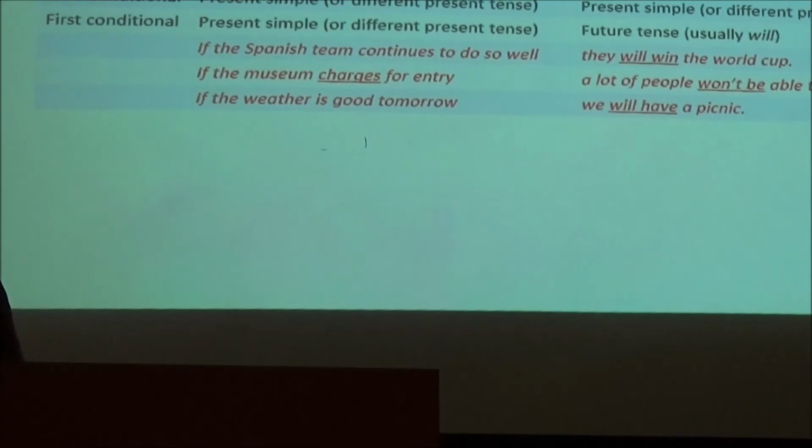If you want to know how to form a first conditional, you don't need to think about how likely something is. You can just think about what tenses do I need to use. So, present simple in the if clause, future with will, generally, in the result clause.